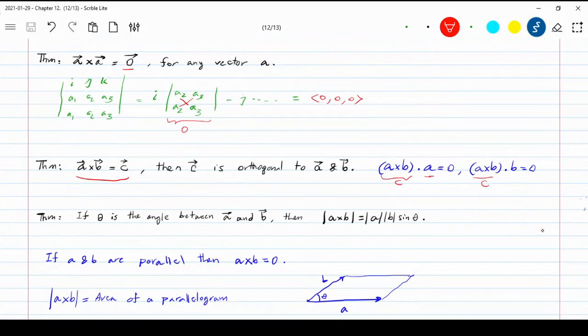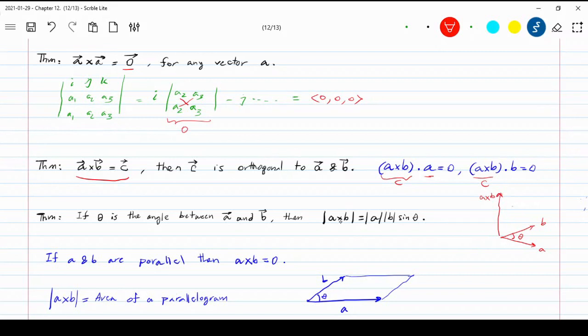One more theorem. If theta is the angle between A and B, then A cross B, so let me draw this, maybe this would be easier. So if you have vector A and B, and theta is the angle between these two, then the cross product gives you some orthogonal vector. It's supposed to be orthogonal to both of them.